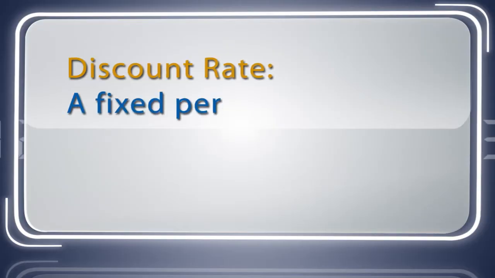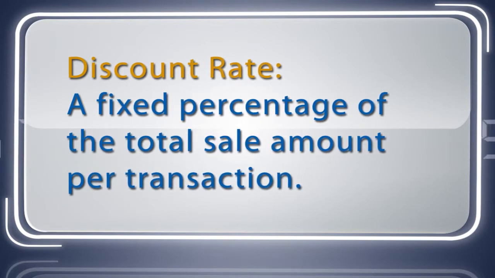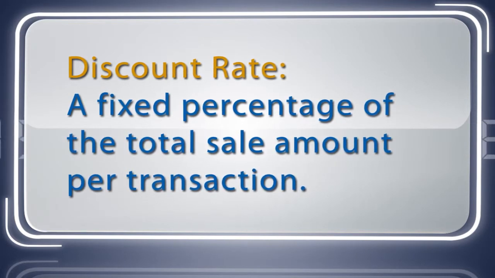Actually, it's the fee assessed per transaction that is a percentage of the total sale amount. This percentage is discounted from the total sale amount when the settlement occurs and funds are deposited into the merchant's account. This percentage fee or discount rate varies by type of merchant, but generally ranges from 1% to 3% of the total sale amount. This fee is shared amongst all the players.